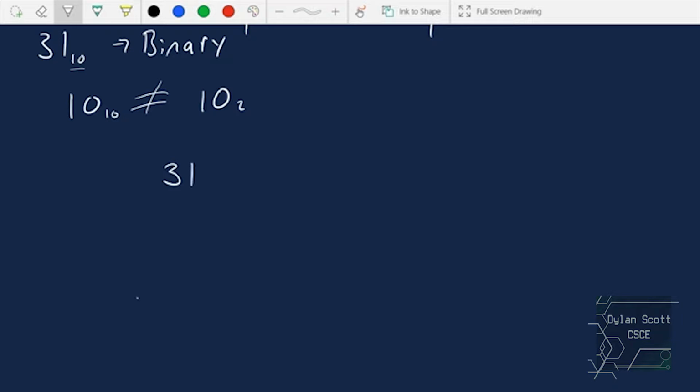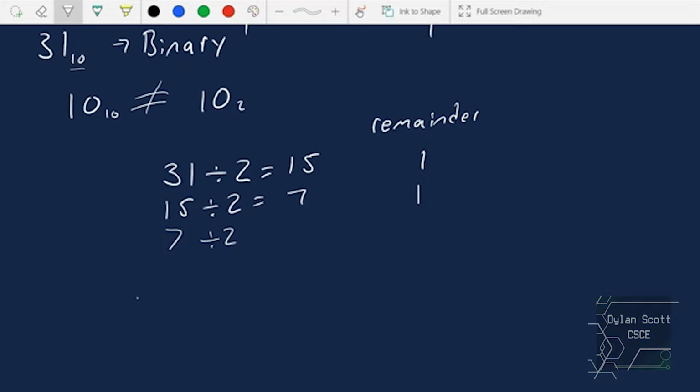You take your number and you divide it by 2. 2 goes into 31 15 times, and there is a remainder of 1. Then you take 15, divide it by 2. 2 goes into 15 7 times, and there is a remainder of 1. 7 divided by 2: 2 goes into 7 3 times.